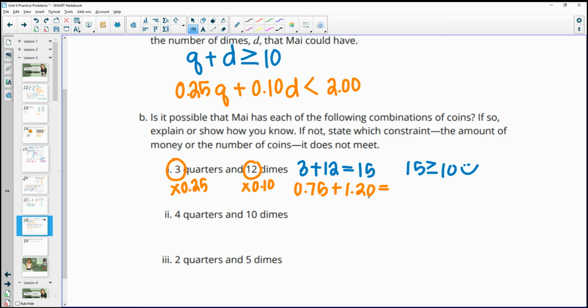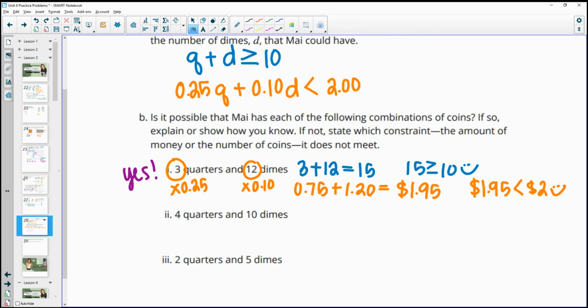For a total of 75 cents plus $1.20 gives us $1.95 in coins. And that needs to be less than $2, which it is. So $1.95 is less than $2, which is good. So that means it satisfies both of these options. So this one is possible.